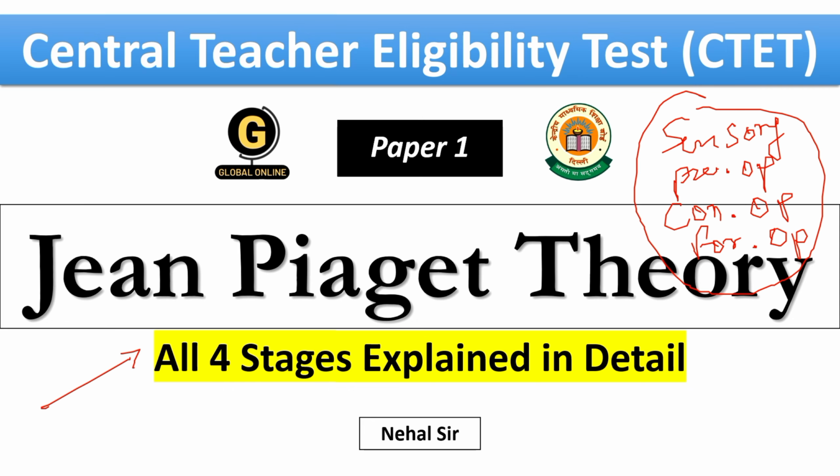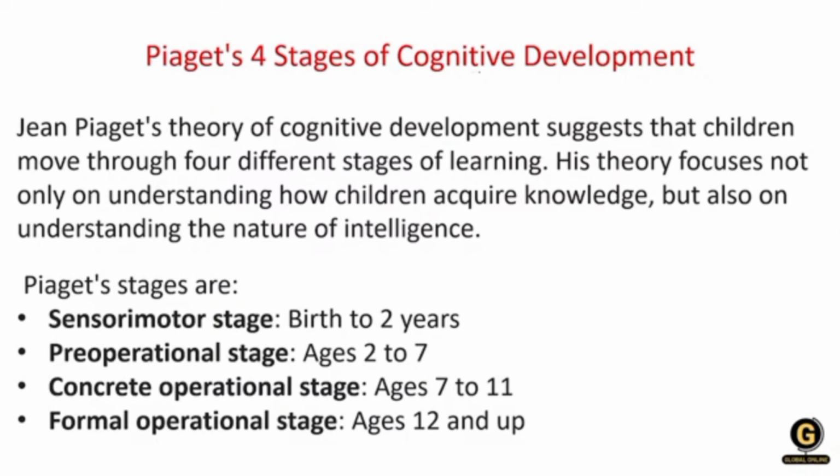Piaget's four stages of cognitive development. Jean Piaget's theory of cognitive development suggests that children move through four stages of learning. His theory focuses not only on understanding how children acquire knowledge, but also on understanding the nature of intelligence.